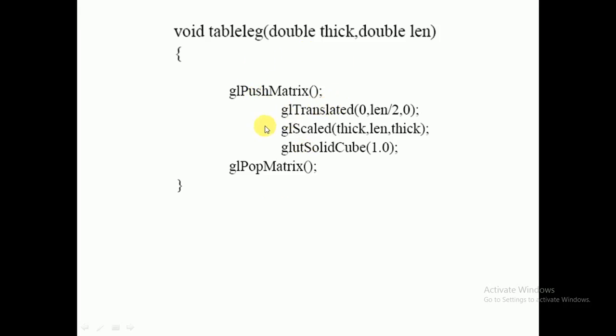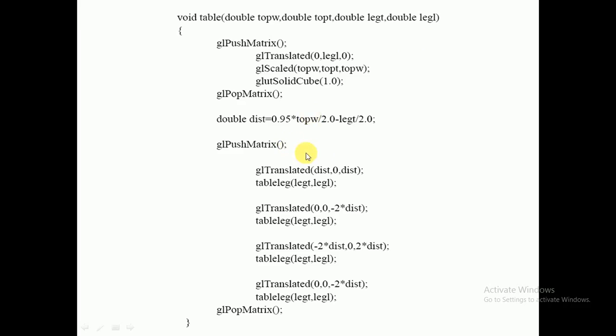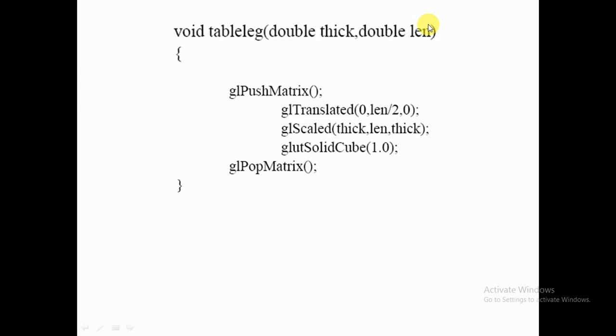Then push matrix, that value push, then glTranslate 0, meaning in the x direction there is no change, but in the y direction length by 2. What is our length? The leg length is 0.3, right, that is leg length by 3.